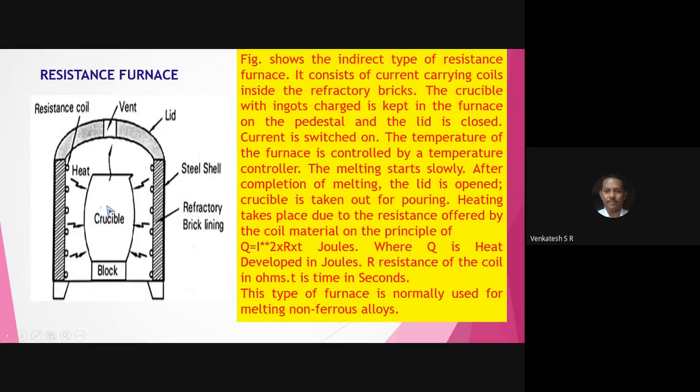The same type of crucible made from carbon is used in foundries for melting of metal. The sizes of crucibles are available right from 100 grams to 100 kgs, or from 100 kgs to 1 ton. So different sizes are available.